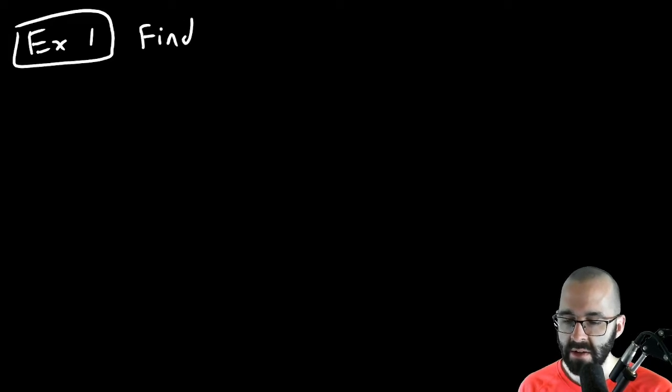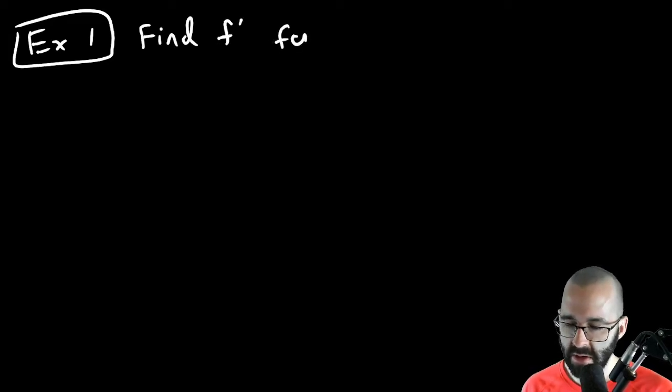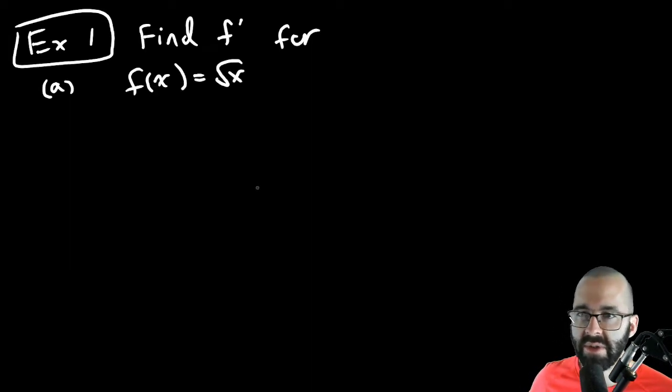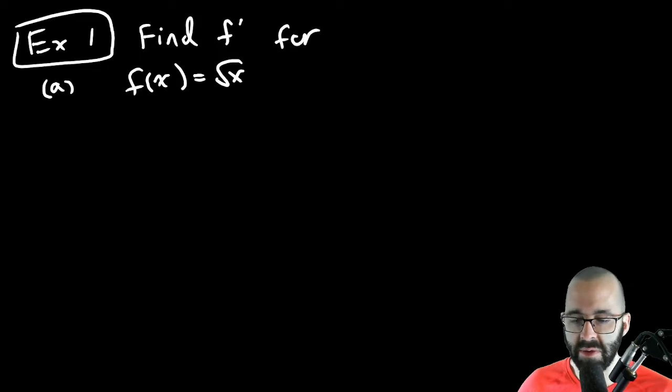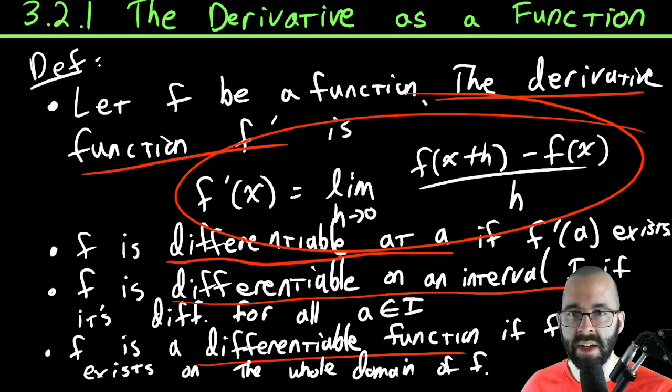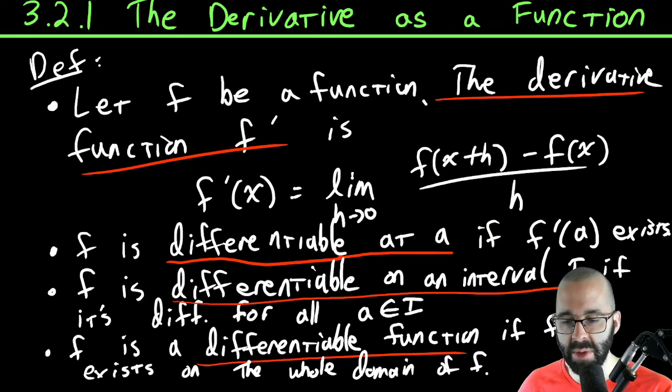So example 1 shouldn't be too crazy compared to section 3.1. It should be very similar. Find f prime for part A, where f of x equals the square root of x. Now we've done this very, very similarly before. We're just going to use this formula and simplify this limit like we did in 3.1.